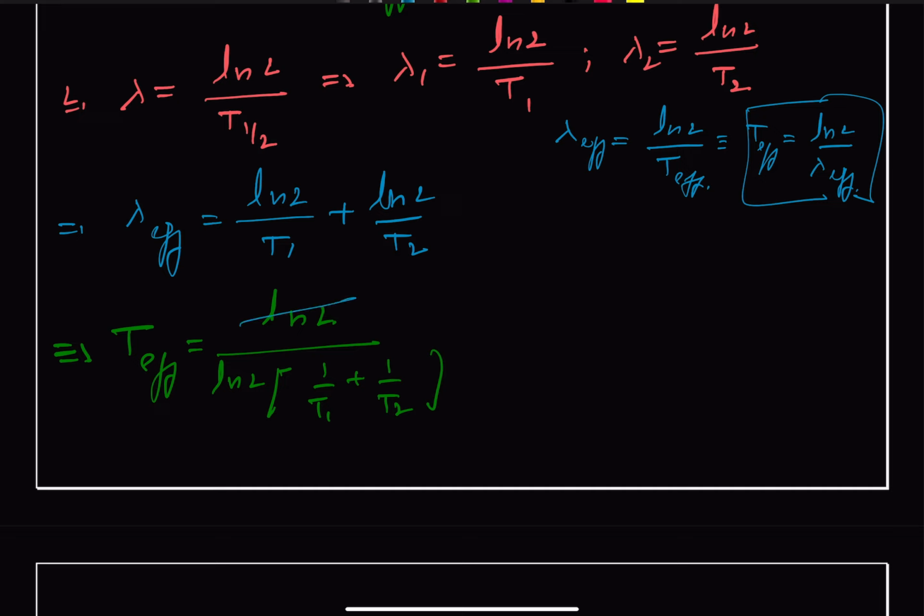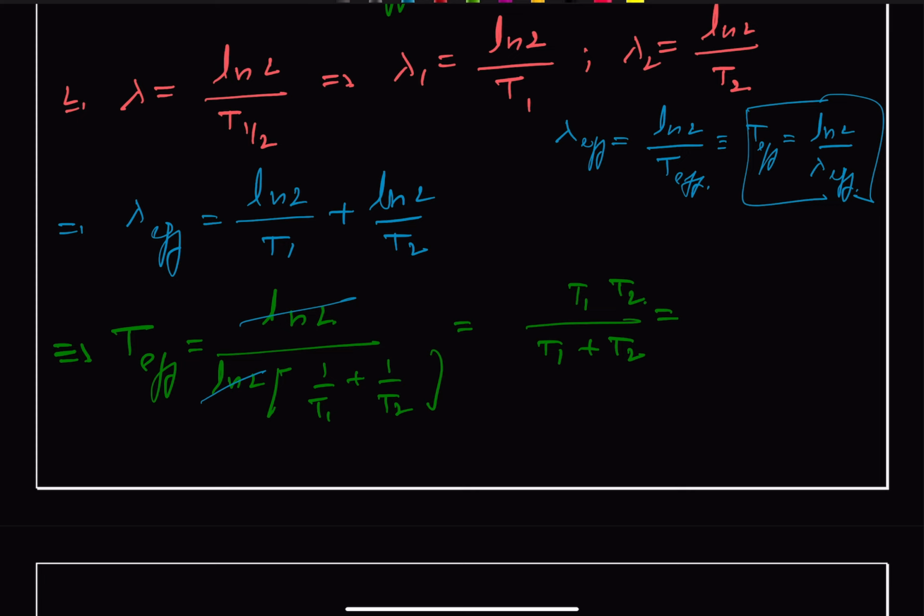This natural log cancels out, and we can substitute the values. This becomes 1 upon, and let me take the LCM, this will be t1 t2 divided by t1 plus t2.